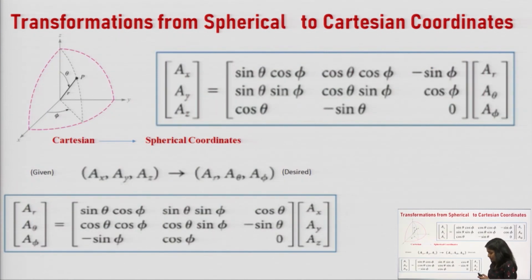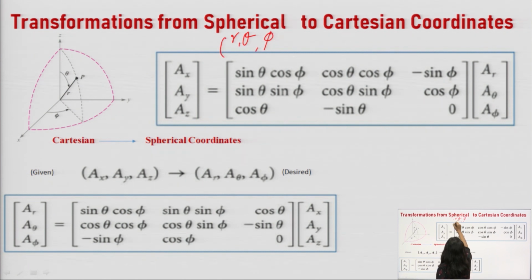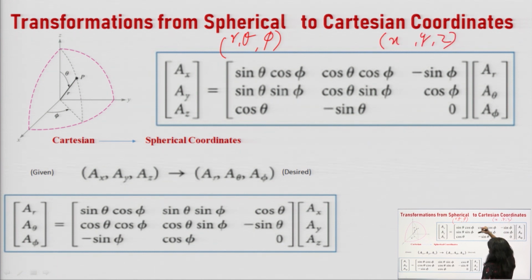Let us see the transformation of a point and a vector in case of spherical to Cartesian and Cartesian to spherical. In spherical coordinate, we are having three parameters, that is r, theta and phi. In Cartesian coordinate, we are having x, y and z.